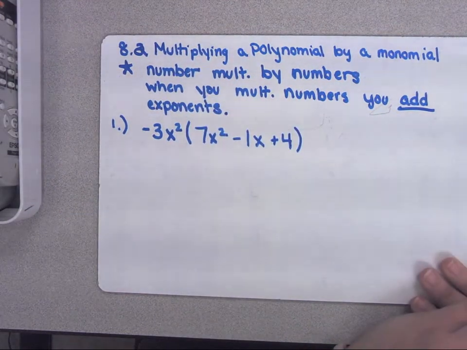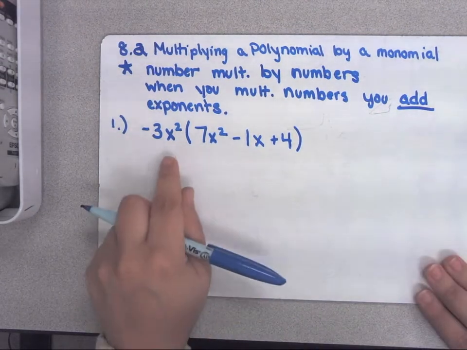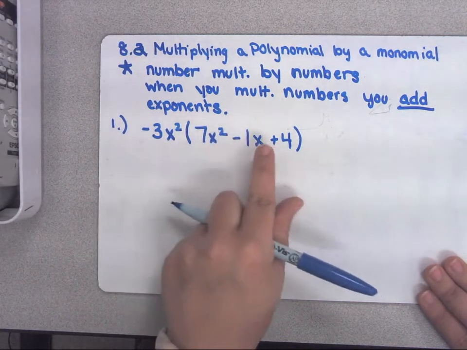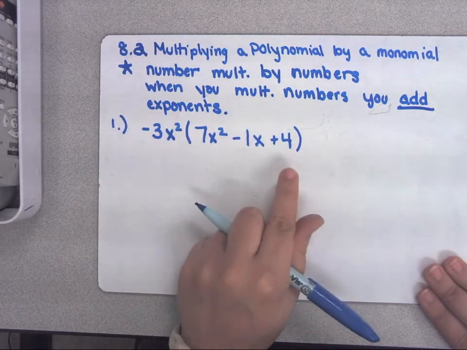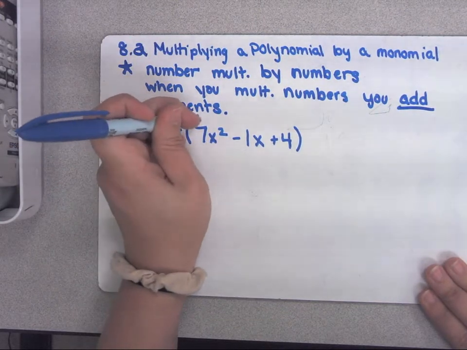Close your parentheses. When you have something outside of a parentheses, what do you think to do with it? You distribute. So we're taking all of this and we have to distribute.